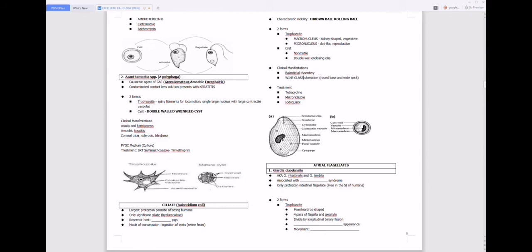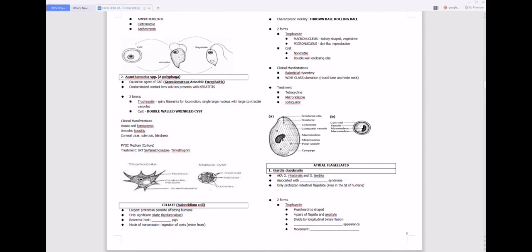So ano nga yung flask-shaped ulceration? Di ba flask-shaped ulceration is Entamoeba histolytica, while round base and wide neck or wine glass ulceration is Balantidium coli. Okay, so the treatment is tetracycline, metronidazole, and iodoquinol.